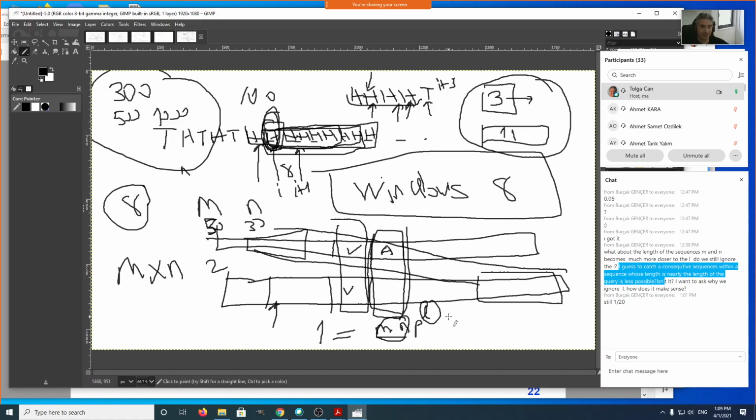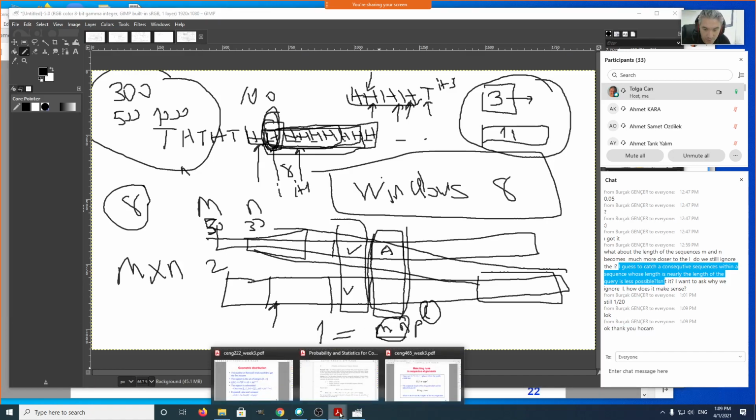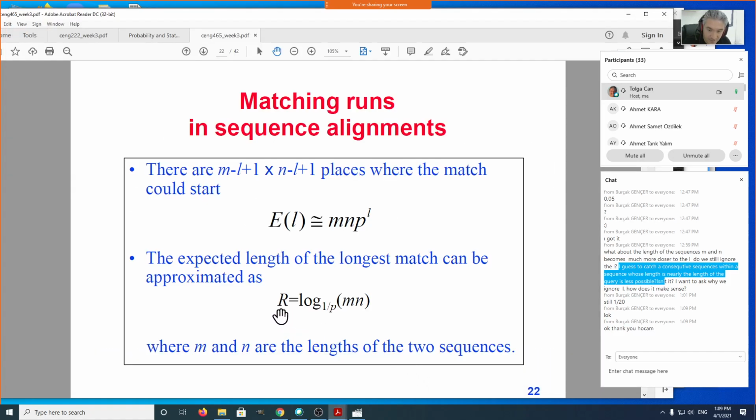So they are expecting at least one such match. If the sequences are short, L is going to be even shorter than that. Don't forget, the length L is going to be exponentially smaller compared to this product.